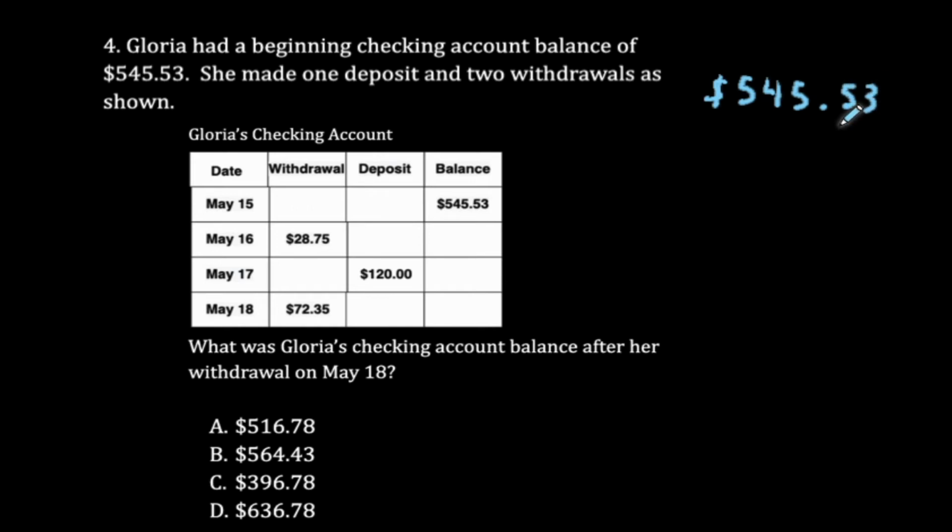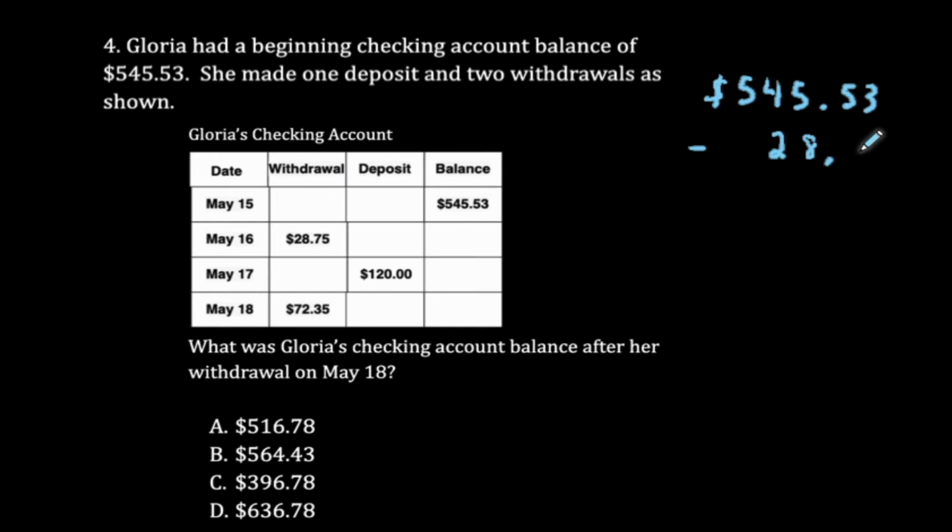So in order to find out what her balance was after her withdrawal on May 18th, we have to take into consideration all of the events that happened with her account here as far as withdrawals and deposits are concerned. Okay, so we see here that she made a withdrawal of $28.75 on May 16th. So we have to take this into consideration.